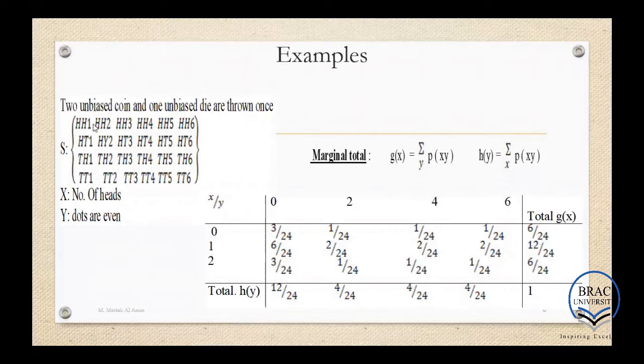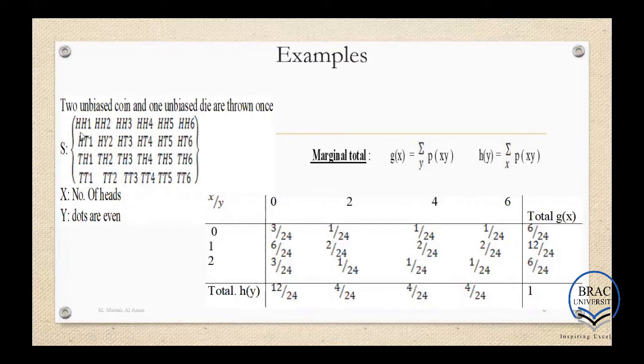So we know when we flip two unbiased coins, if we consider just two unbiased coins simultaneously, then there will be four outcomes: HH, HT, TH, TT, right? But if we consider it with another one unbiased die, then this is the sample space.